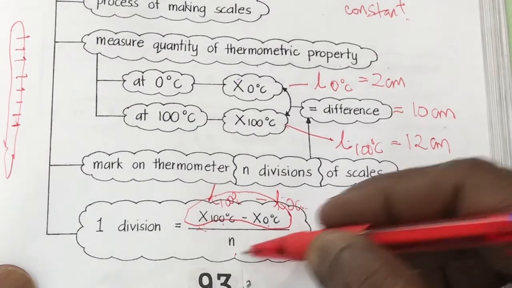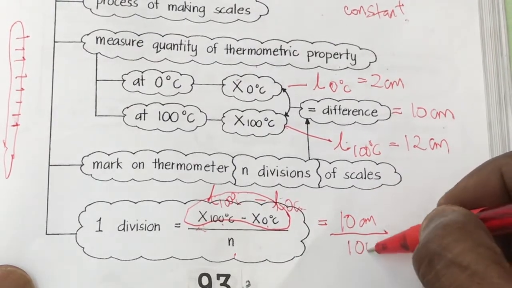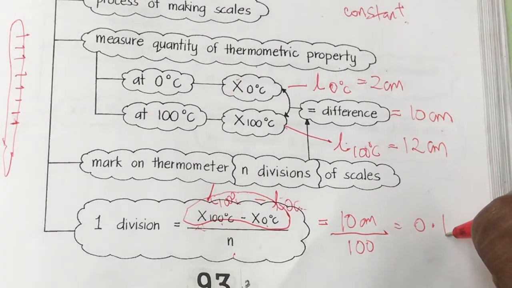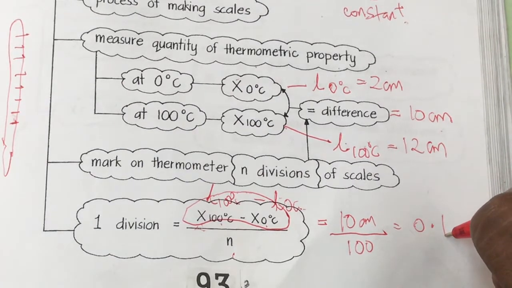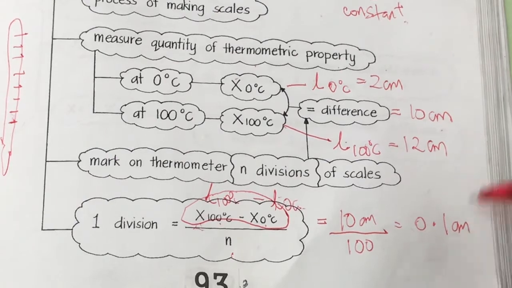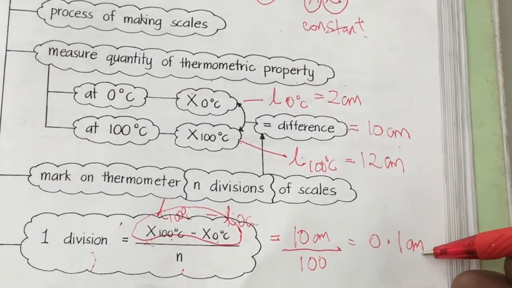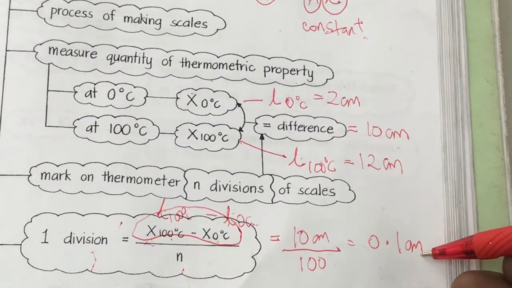Divide by that n, for example 100. So that would mean 0.1 cm. So one division on that thermometer would represent 0.1 cm of the length of the mercury.